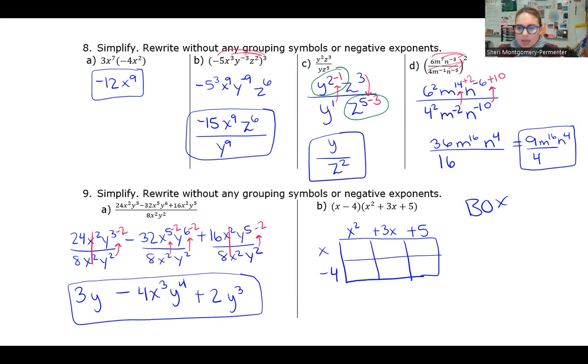So I get x times x. When I'm multiplying, I add exponents. And so that's like to the first power. So I get x to the third. Here I get negative 4 times x. So this becomes negative 4x squared. Here I've got 3 times x, so it's 3, and then it would be x squared.